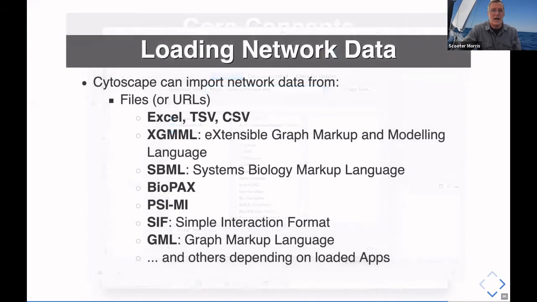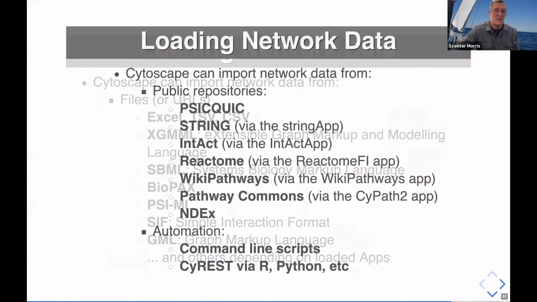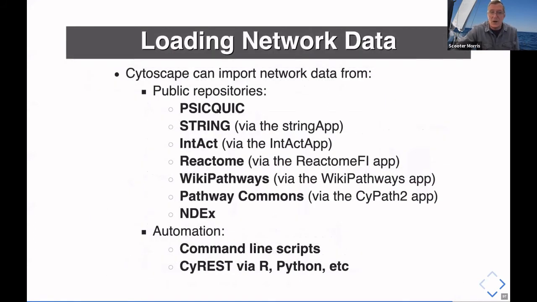You can load network data from Excel, TSV files, CSV files, XGMML, SBML, BioPAX, PSI-MI, CIF, GML, and you can load apps such as the Wiki Pathways app, which will allow you to import different kinds of network data. And similarly, you can import data from all these repositories. And we're going to talk a lot more about automation, so I'm going to skip that for now.